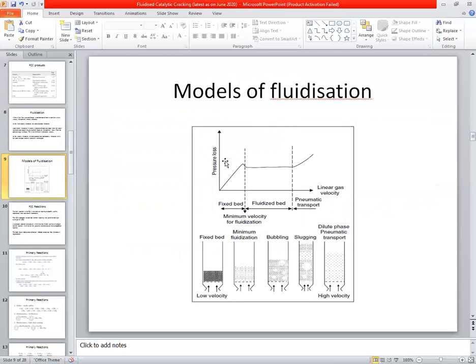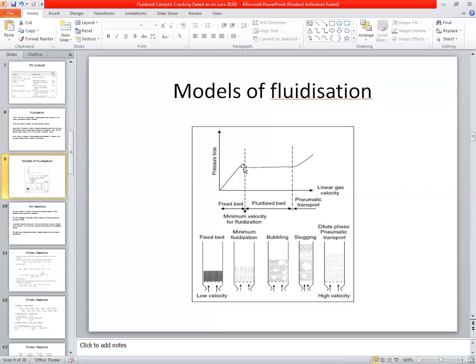For the modes of fluidization, the y-axis is the pressure loss and the x-axis is the velocity. If we increase the velocity, the pressure loss will increase. Until this point there is no movement.